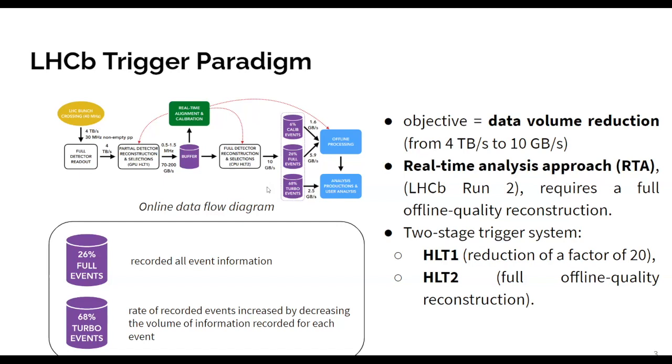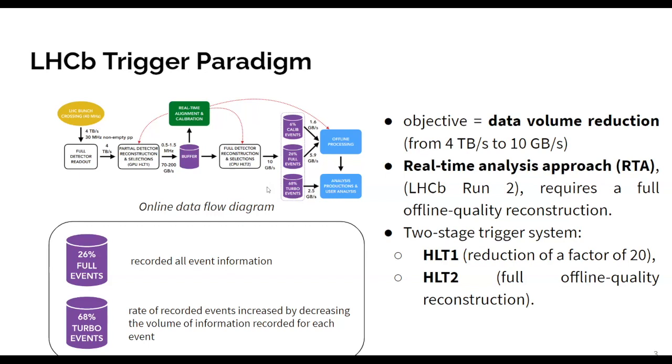So the reduction by this factor of 400 is complicated because of the high rate of potentially interesting signals, and these signals can be at least partially reconstructed in the detector acceptance. Instead, the majority of LHCb physics channels must be selected by the trigger by fully reconstructing and identifying the specific signals of interest.